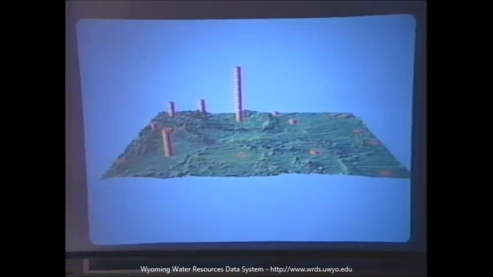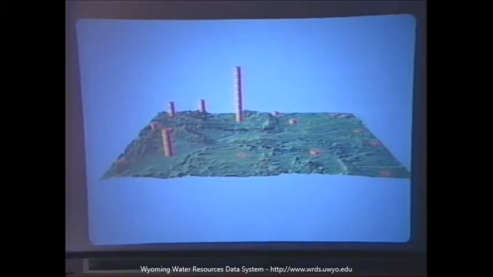This shows the amount of unappropriated water available to Wyoming. This is the amounts that could be used in the various basins if the state were to decide to do so. And the Bighorn Basin is by far the leader there. A substantial amount of water, however, is available in the Green River Basin, including Sweetwater County.